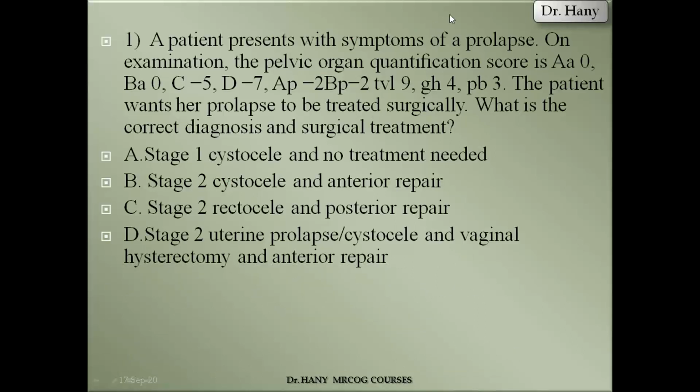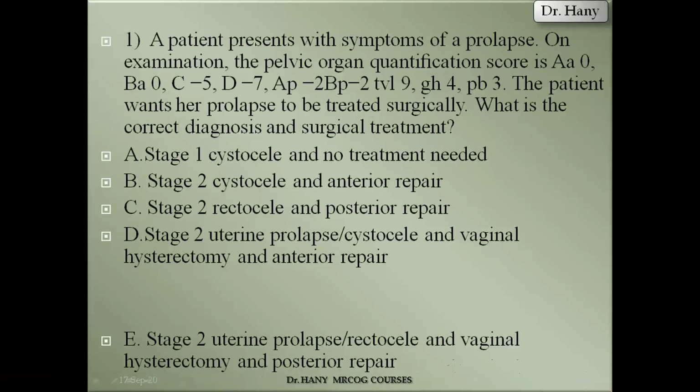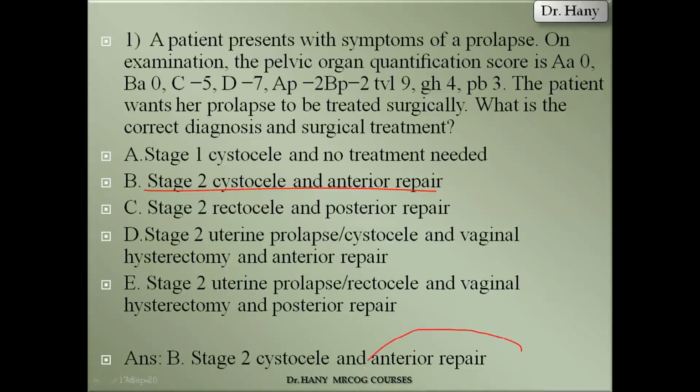Excellent, so this patient needs a surgery. Stage 2 anterior wall prolapse and anterior repair will be the answer. This is how to answer: with number, with figure, with anything, I will get this mark in the exam.